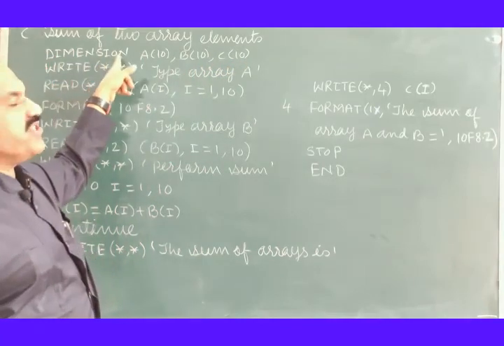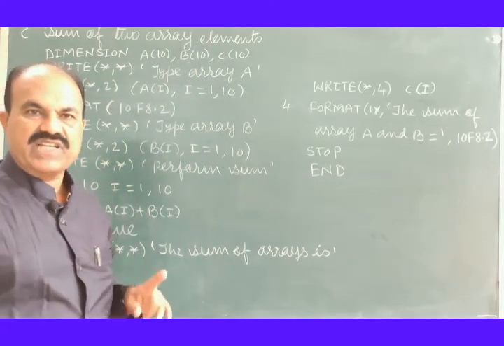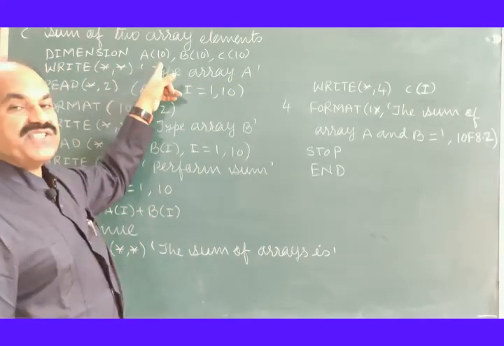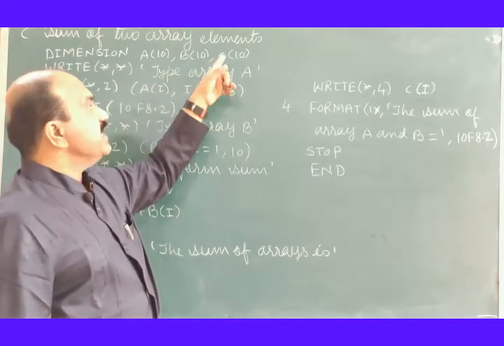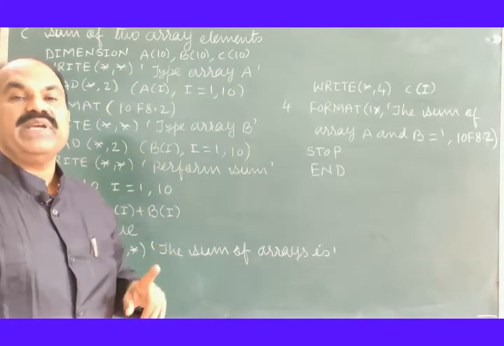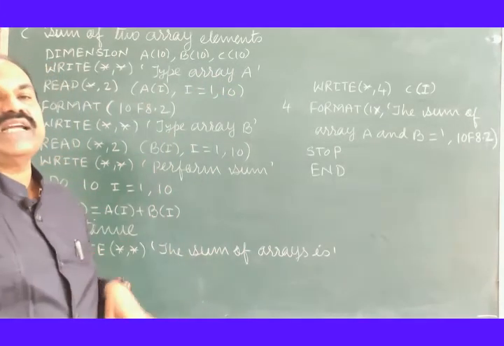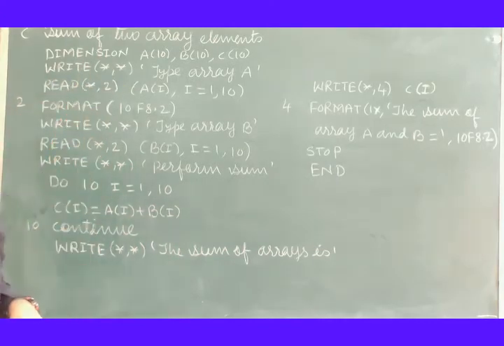According to these dimensions, A, B and C are one dimensional arrays. A can have 10 elements, B can have 10 elements, C can have 10 elements. This is defined using the dimension statement we studied earlier.